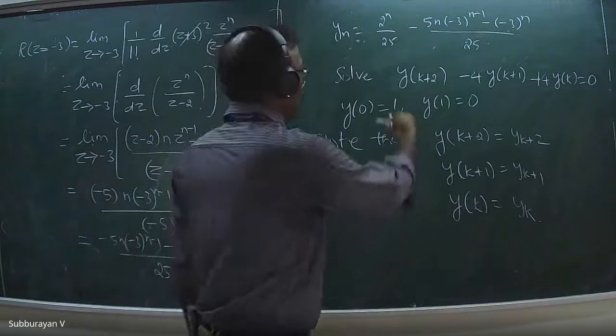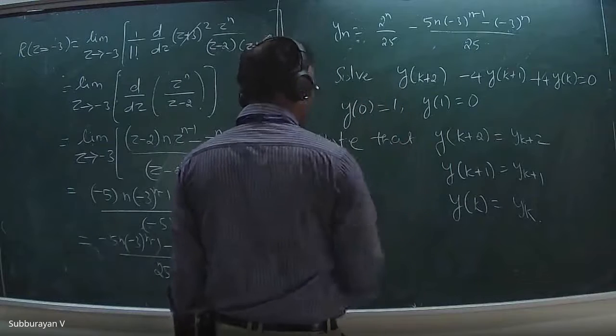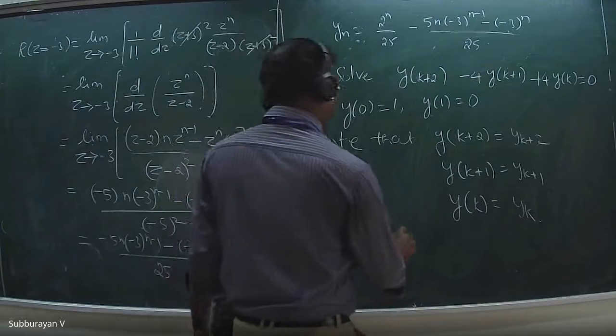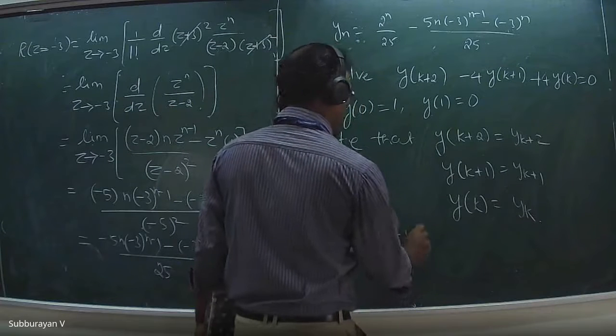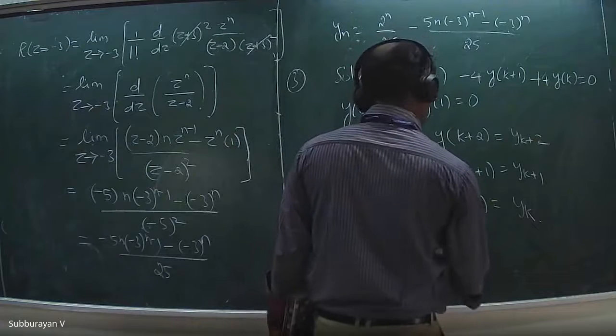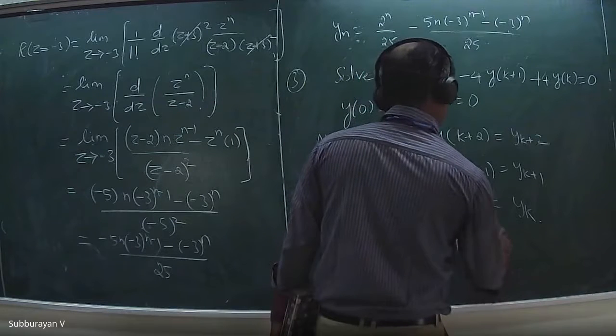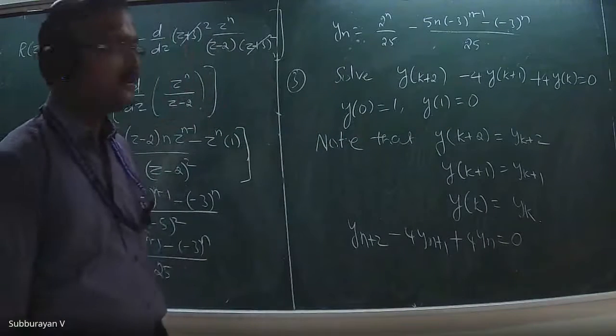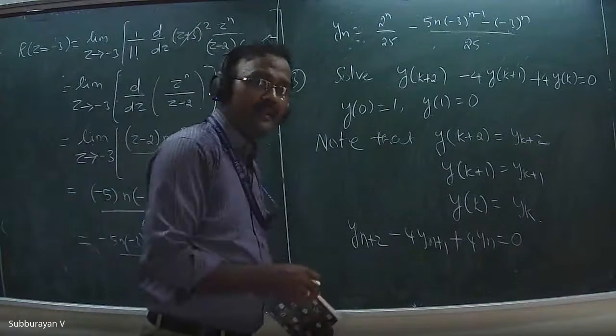So the above given equation can be written as y n plus 2 minus 4 times y n plus 1 plus 4 times yn equal to 0. Here k is a dummy variable.